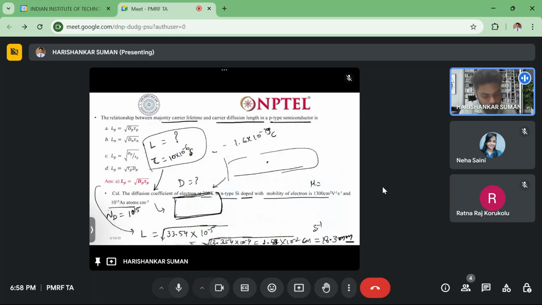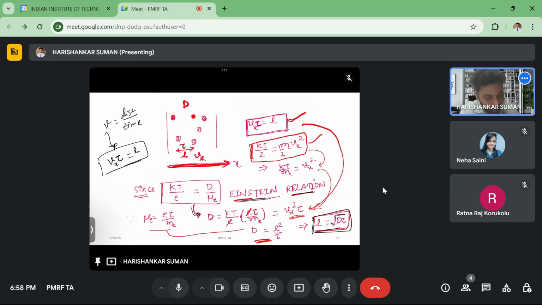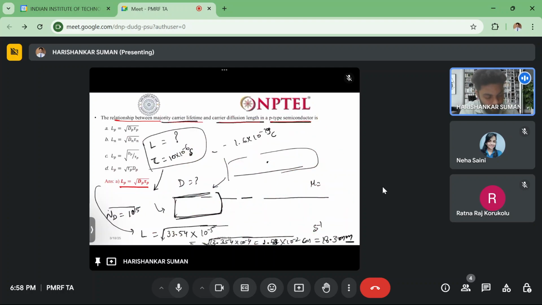Next question, based on the relation between the minority charge carrier lifetime and diffusion length in a p-type semiconductor. Diffusion length is equal to the square root of the diffusion coefficient times the lifetime of the charge carrier.